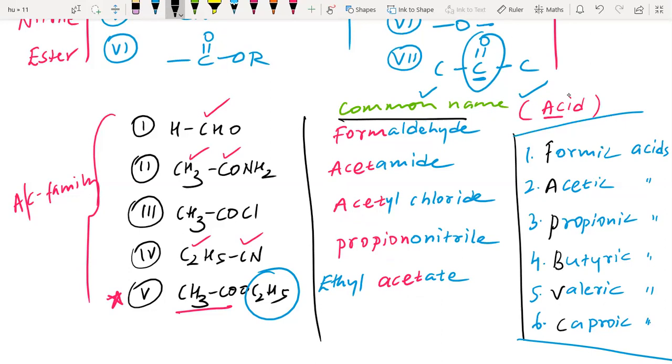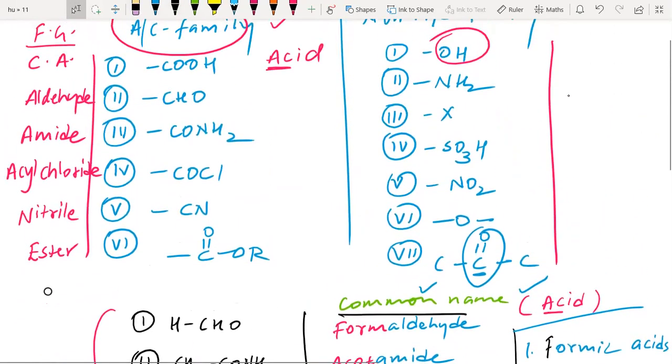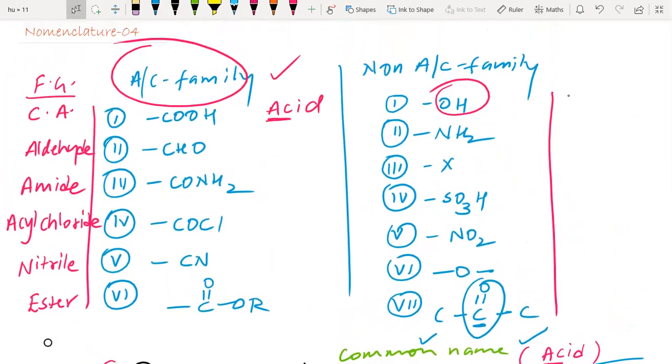To write IUPAC names, we'll discuss that also. For that we'll make one table, and that table we'll do in the next class. For today, this common name we are doing, because for that I will write another table, then it will be easy to understand. What I wanted to introduce here is the AC family.